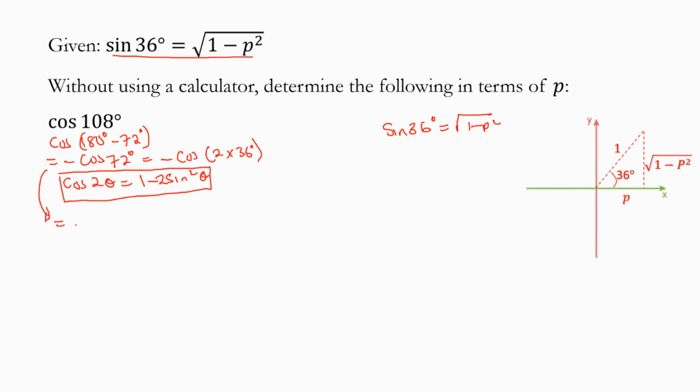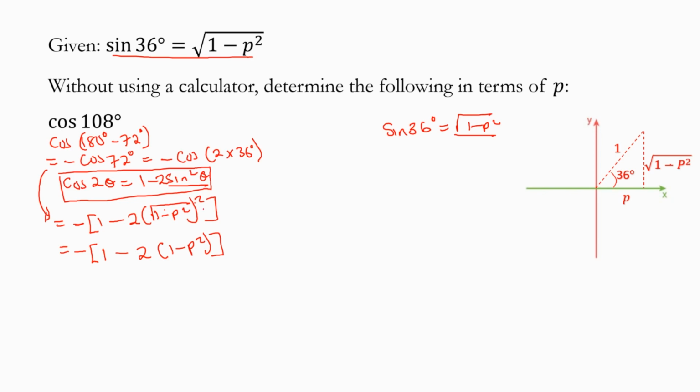This is equal to negative, 1 minus 2 times the square root of 1 minus p squared, squared. We're replacing sine theta with the square root of 1 minus p squared. The square root and the square cancel each other out. So we have negative, 1 minus 2 times 1 minus p squared.